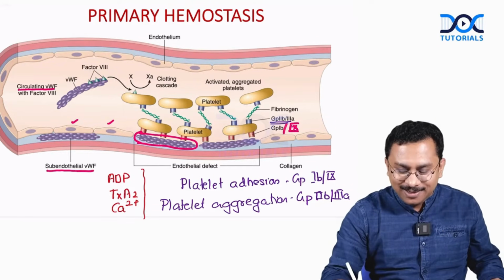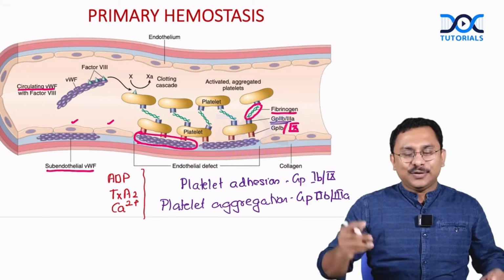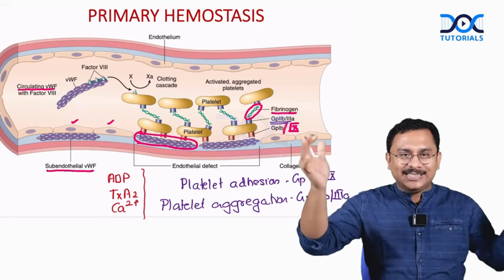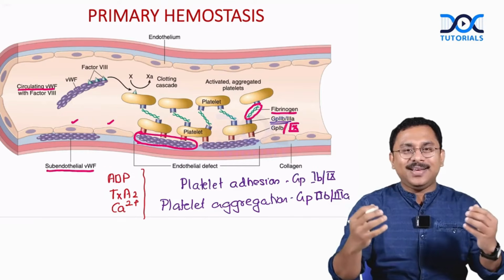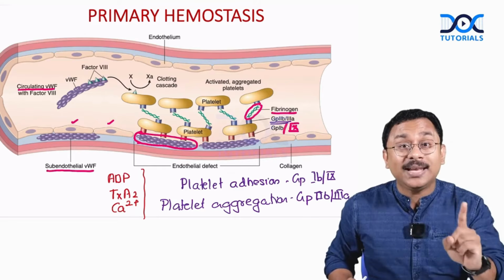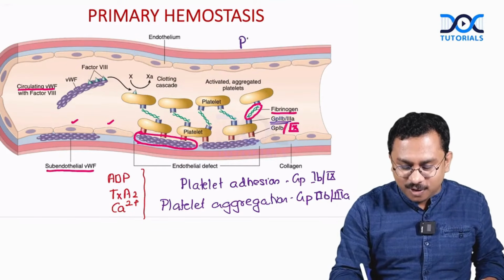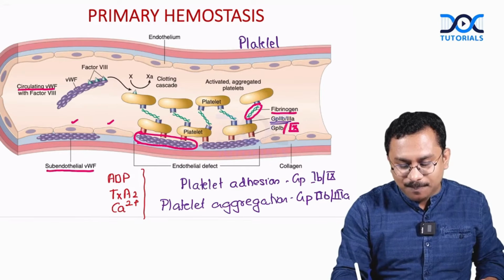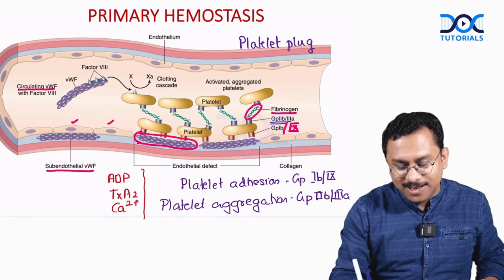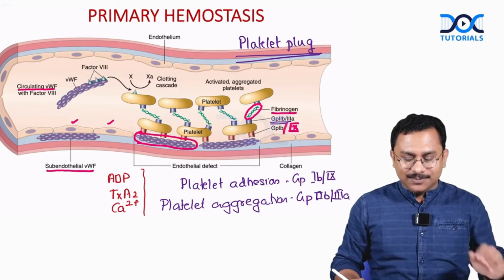And how does this happen? Again, there is another bridge here, which is the fibrinogen. So fibrinogen is bridging adjacent platelets and you are having the platelet aggregation happening, and you get a platelet plug because of this. As a result, there is a formation of a platelet plug, which is the primary hemostatic plug.